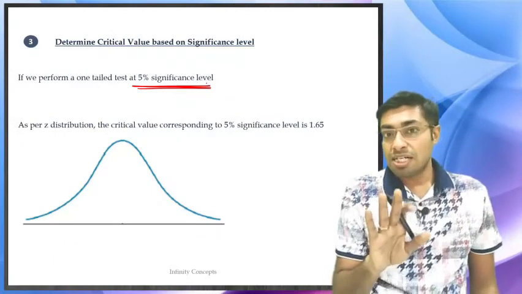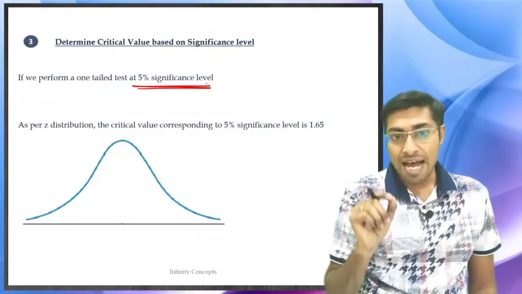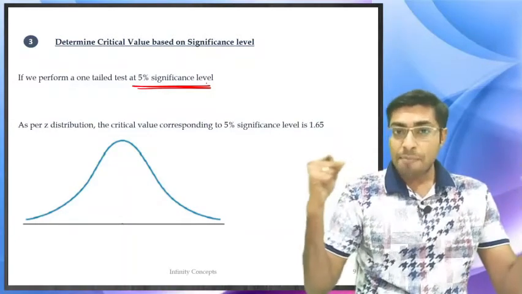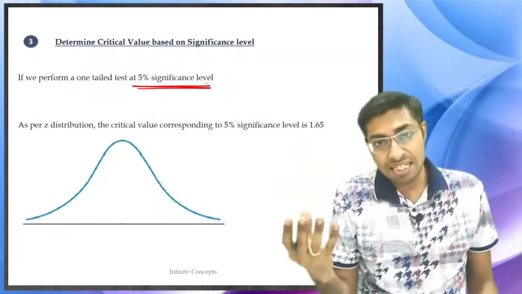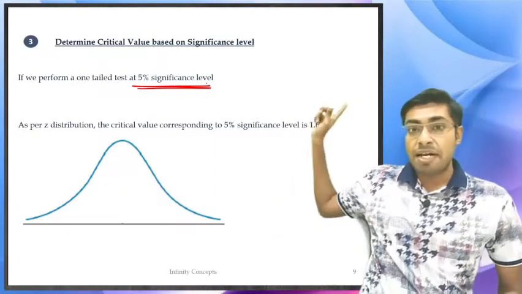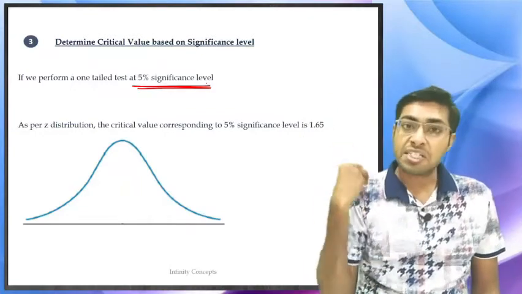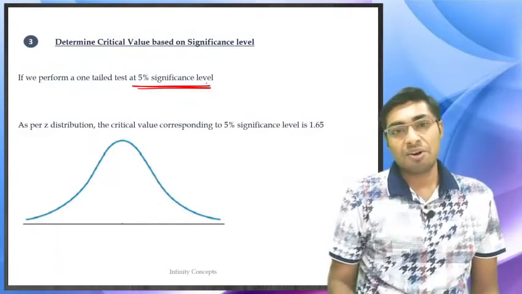What does significance level mean? It means that with 95% confidence and a 5% significance level, I can say that this statement is correct and it is statistically proved also, but only with 95% confidence.